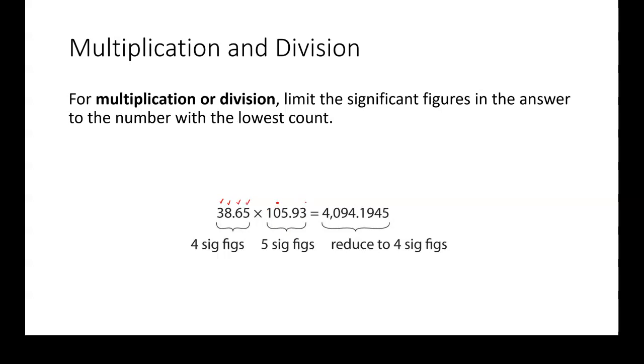And this one here has 5, because this 0 is between two regular numbers. So we have our answer here. We calculate it out first, and then we round, and we get 4,094, because we look at this digit here, and it's a 1, so we do not change that 4, and we just leave it as 4,094.